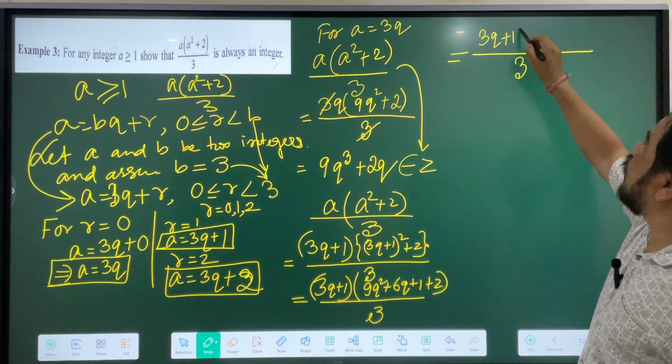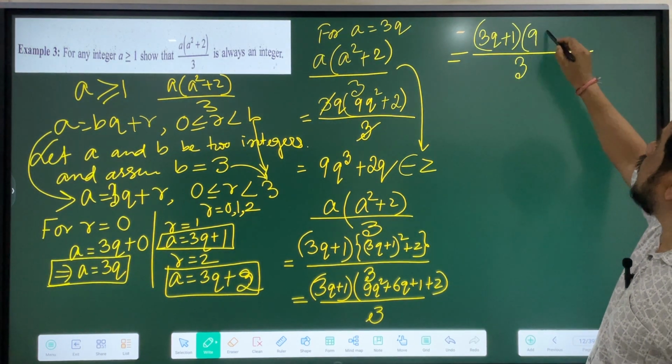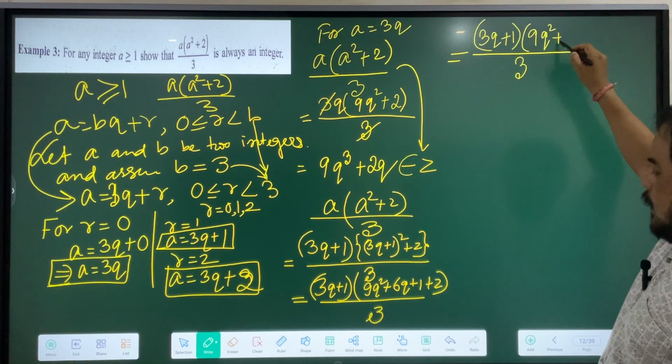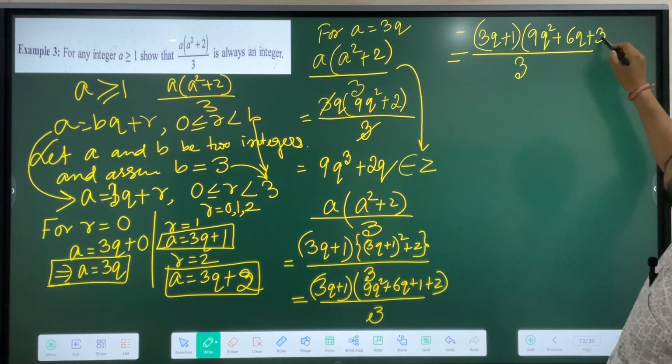That gives 3q plus 1 into (9q square plus 6q plus 3) by 3.